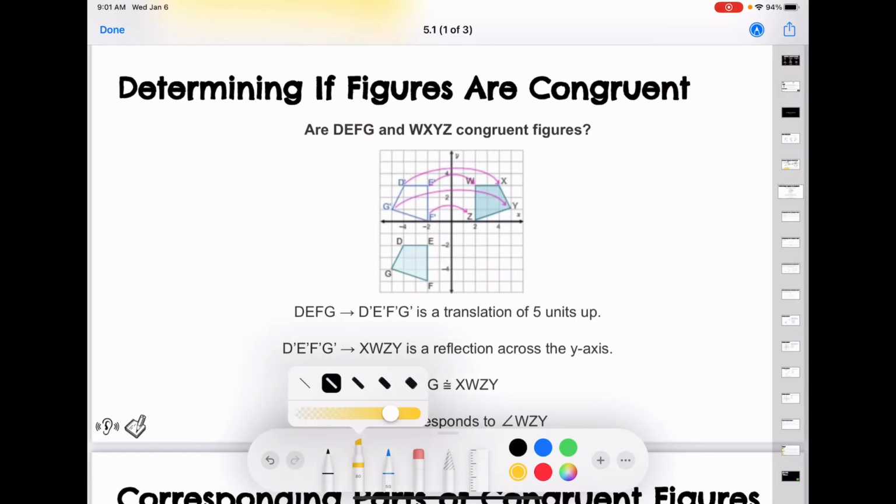So we have a translation 5 units up. And then D prime, E prime, F prime, and G prime is mapped to W, X, Y, Z by a reflection across the y-axis. So what does this look like? Well, we'd have to look at the diagram we have.